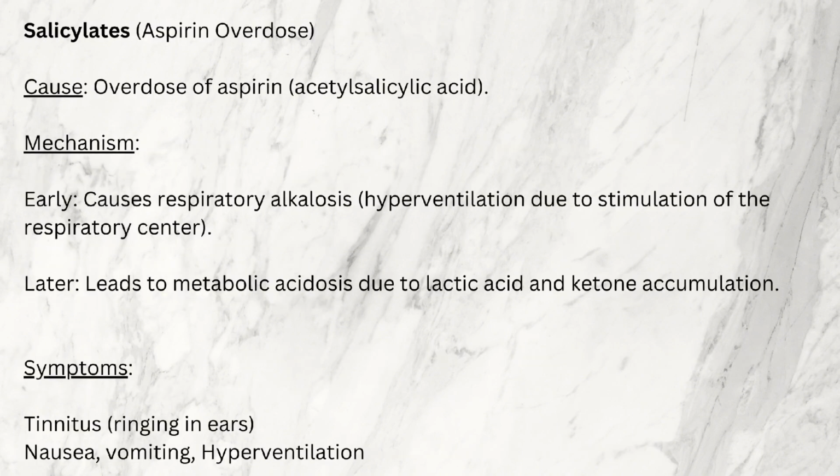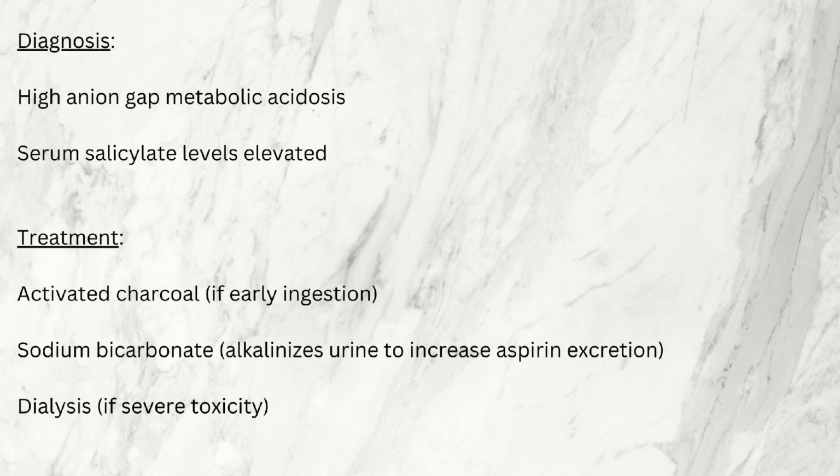Next is salicylate overdose. An example of a salicylate is aspirin. Now we are going to be using aspirin as a case study. If aspirin is over-ingested, that's if it's abused or taken in large quantities, what it does is very simple. The long and short is that somehow, at the tail end, it forces the body to rely on anaerobic metabolism.